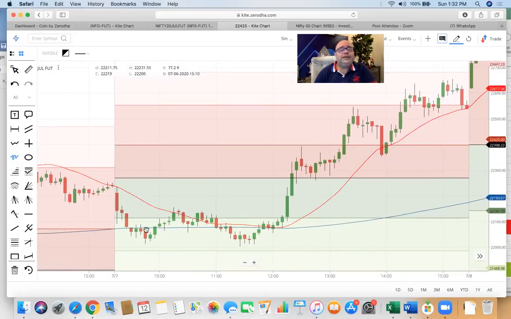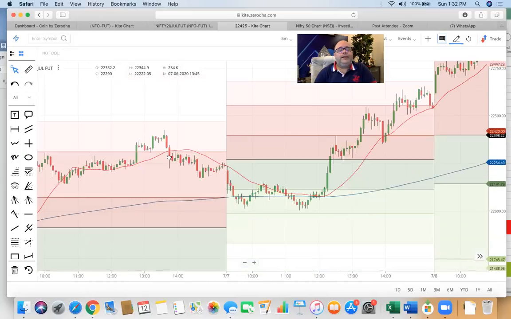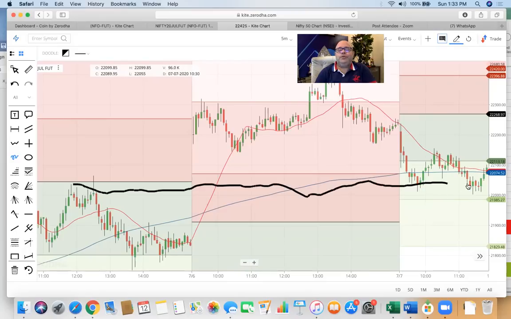Again, going further, we got this W pattern. Now, can we see what happened in the past? If you go here, this was a congestion where this W was formed.